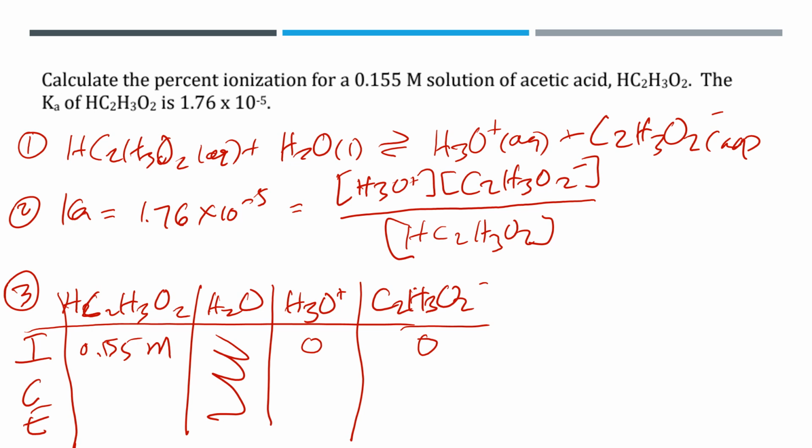So how did these change? They all change by x, either by adding or subtracting. So minus x from the acetic acid, plus x for the other two. Again, fairly similar. This should be almost second nature to y'all if you had been paying attention during Unit 7. Now we have to solve for x because that's going to give us our hydronium ion concentration.